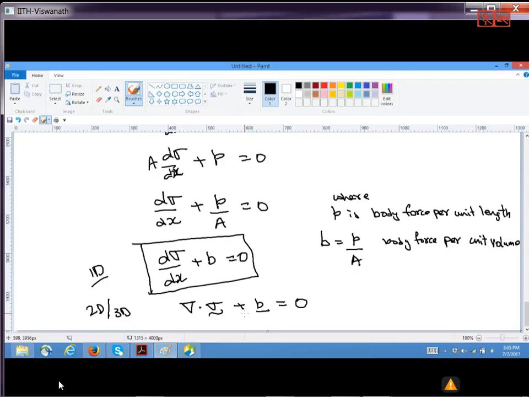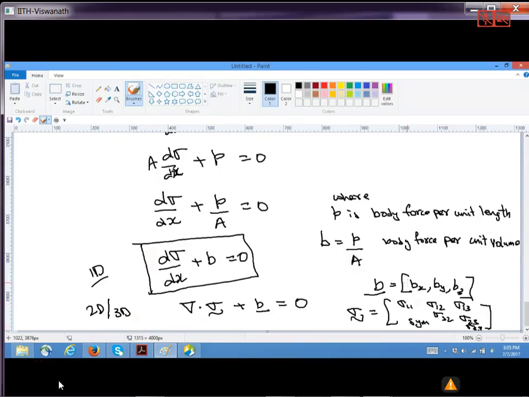B is a vector, the body force per unit volume in the x direction, in the y direction, and in the z direction. So if you're not understanding, b equals bx, by, and bz for a three-dimensional case, and sigma is nothing but sigma 11, sigma 12, sigma 13, sigma 22, sigma 23, sigma 33, and it is symmetric.